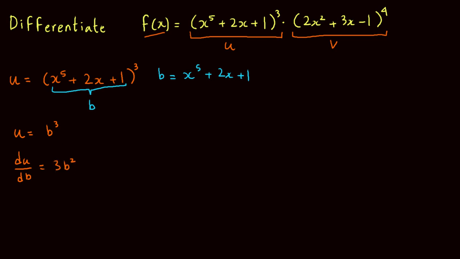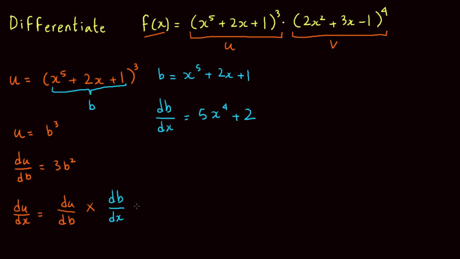For b, on the other hand, once we take the derivative with respect to x, db/dx is equal to 5x^4 + 2. Of course, once we do the chain rule together, in this case we want to find du/dx, which is equal to du/db times db/dx.